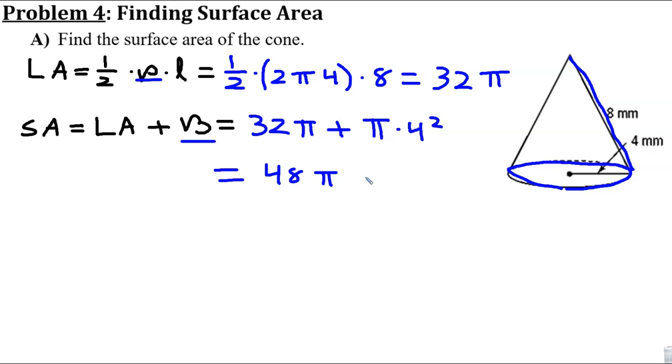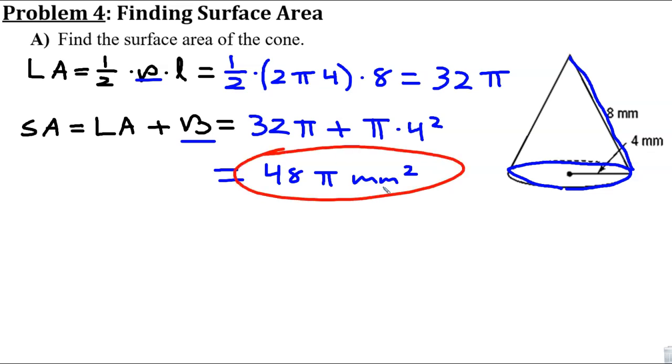So we can say 48 pi millimeters squared. All right, there you go. There's surface area of a cone. Once again, take a minute, pause the video, work through part B, and then get your answer checked before you move on.